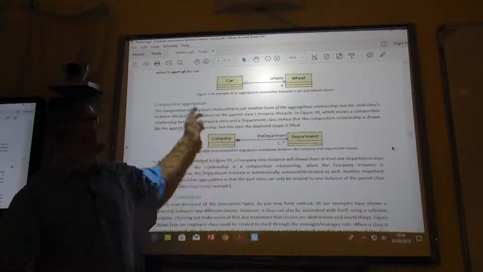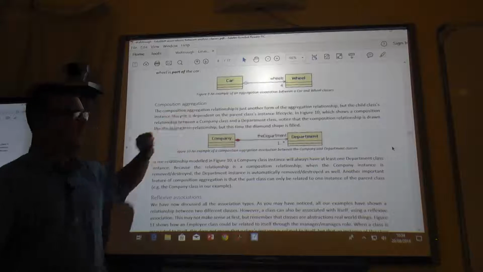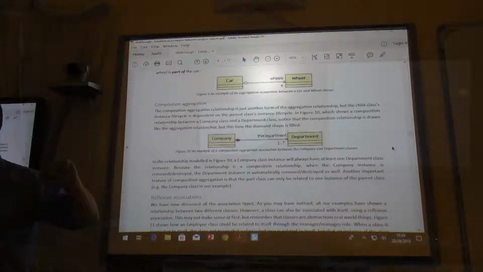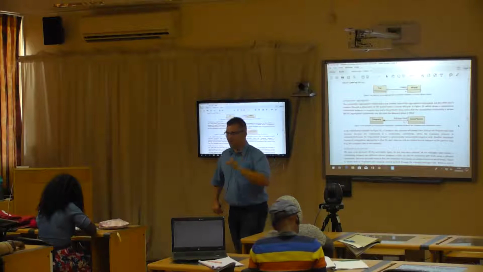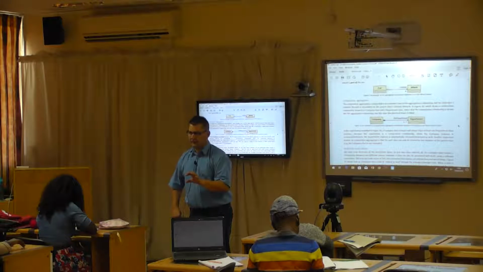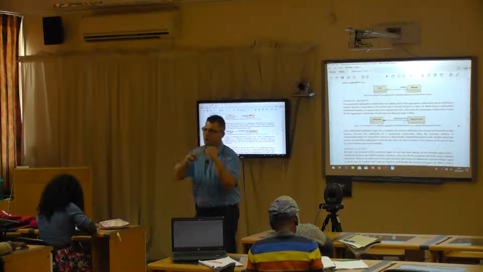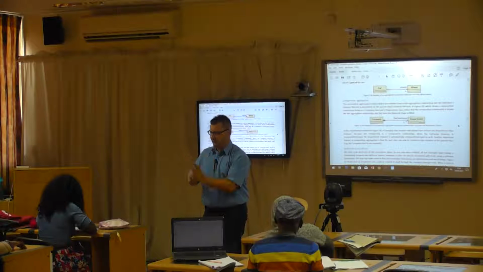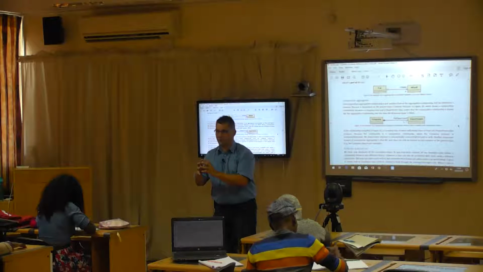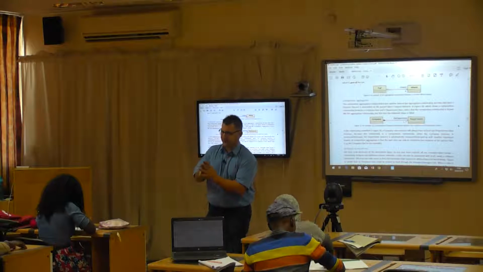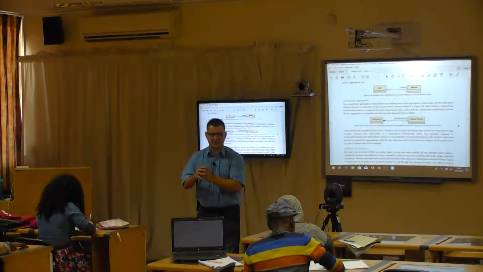Composition is also a form of aggregation. Plain aggregation really tells us that the wheel is part of a car, but it doesn't talk about the composition portion. Okay. Any other questions on this one?